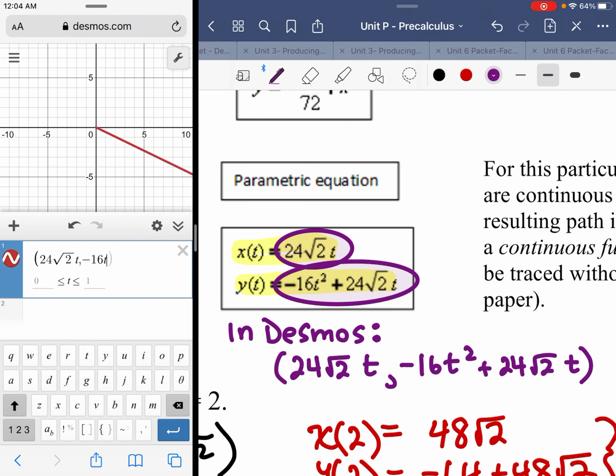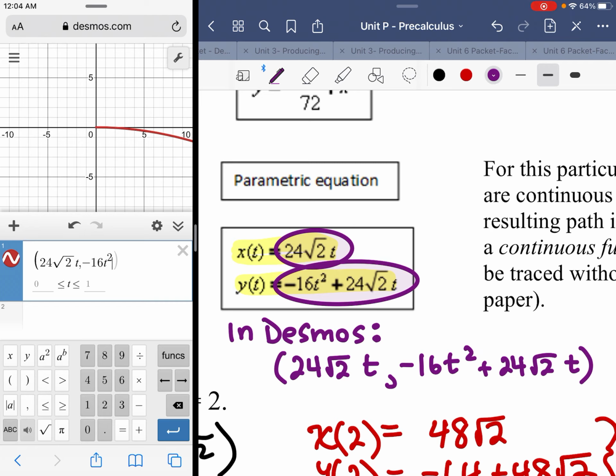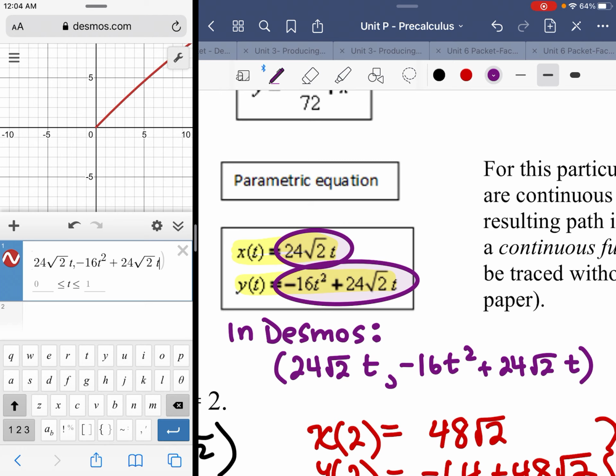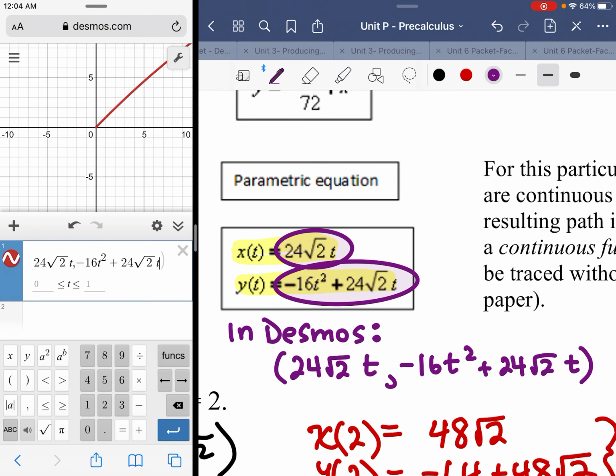I still want to stay in the parentheses, so after the comma, negative 16 t squared, you go to the QWERTY pad to get that squared, plus 24 radical 2, get out of that radical, times t.